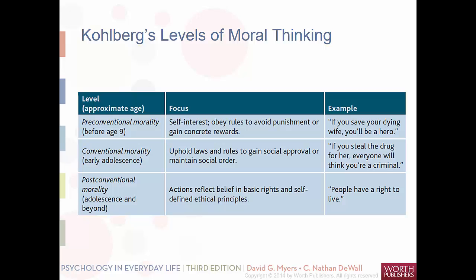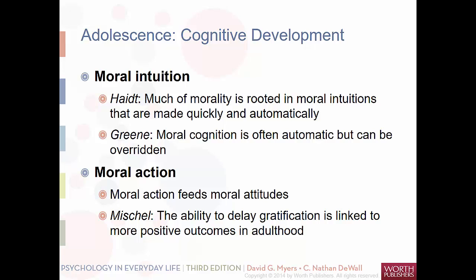Kohlberg believed that the highest level of thinking was post-conventional, guided by internalizing legal and moral principles that protect the rights of all. Mischel said, if you can delay immediate gratification, you will be more successful as an adult.